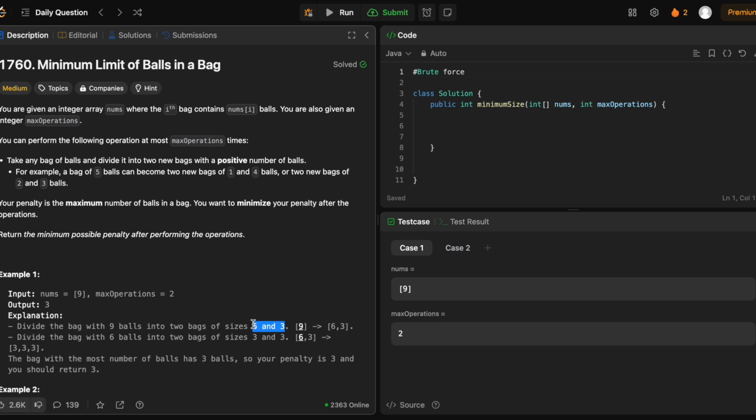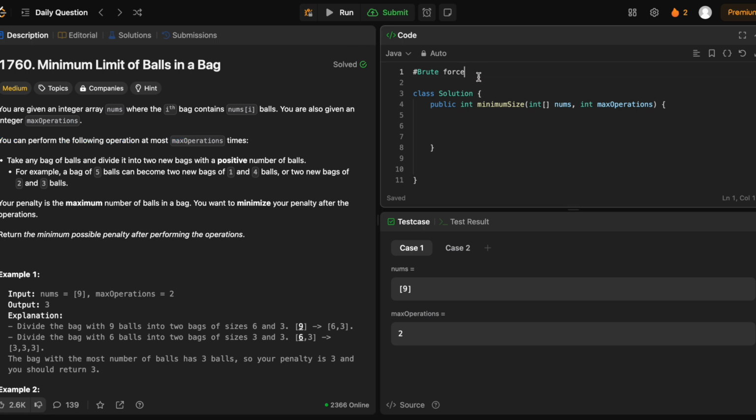So instead of mimicking what's happening, what we could think about is finding the max number of balls in the bag. Since we have this max operation, we can take the max number of balls in the bag and trace from there how many operations it takes to get to that particular max number of balls.